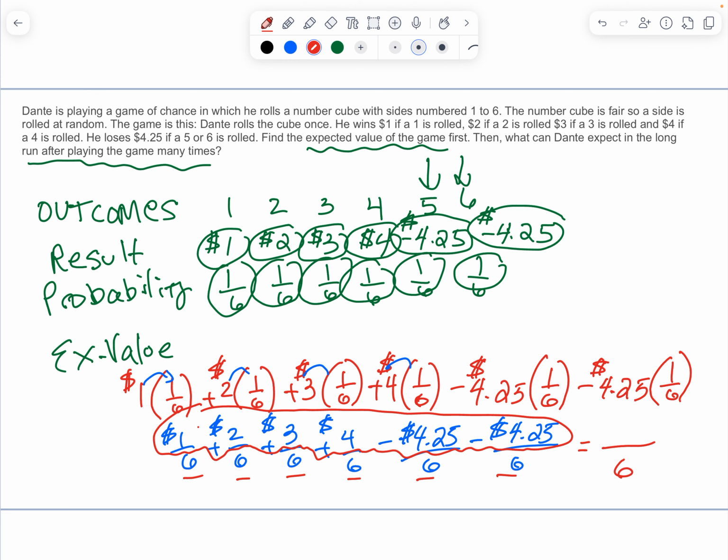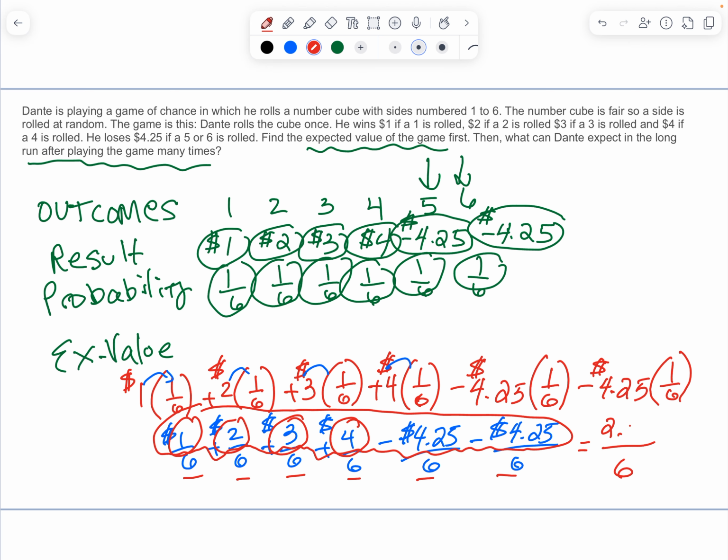So 1 plus 2 is going to be 3, right? 3 plus 3 is 6. 6 plus 4 is 10, okay? And now we have to take away 4.25 and another 4.25. So 4.25 and 4.25, what is that? 8.50.